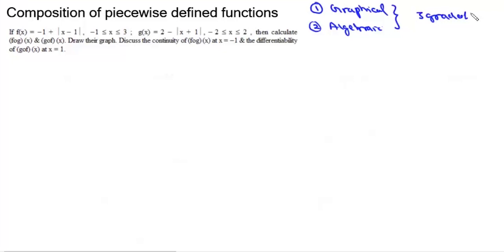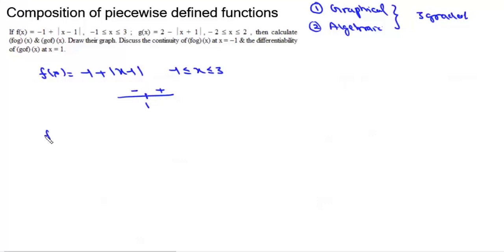Now this first example: we are given this function f(x), which is defined as minus 1 plus mod of x minus 1 when x lies between minus 1 and 3. Clearly f(x) is a continuous function, and we have this mod x minus 1. Now the root of x minus 1 is 1; on the right it is plus, on the left it is minus. So when x is less than 1, it takes a negative value, and when x is greater than 1, it takes a positive value.